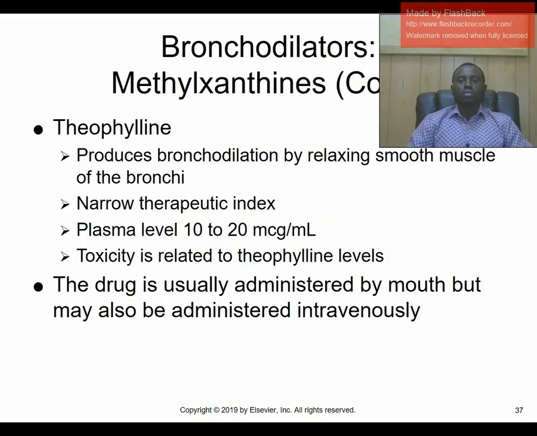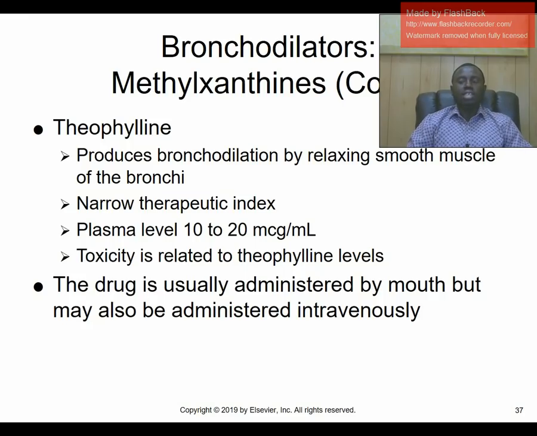Although theophylline was used widely in the past as the first line of medication, it has been largely replaced by safer and more effective medications. This is because theophylline has a narrow therapeutic index. So think about when we talked about pharmacodynamics and pharmacokinetics.